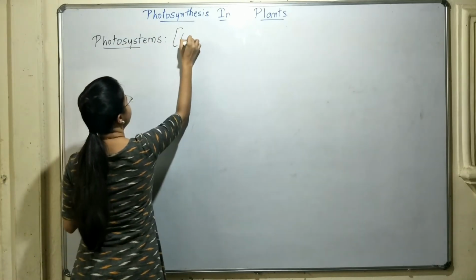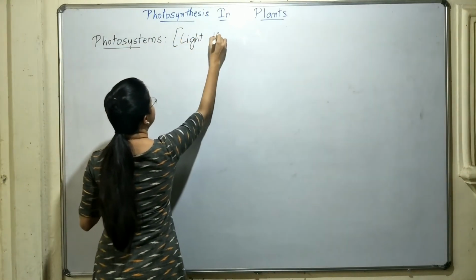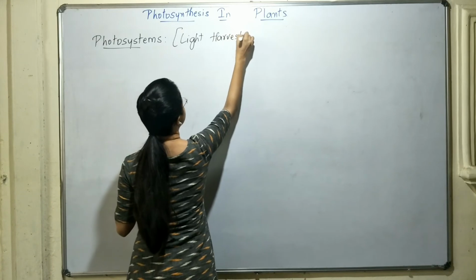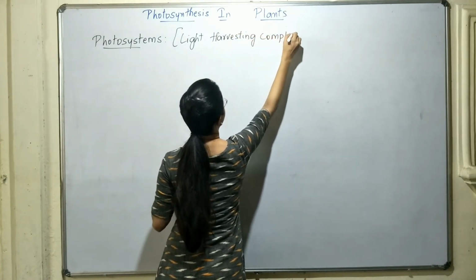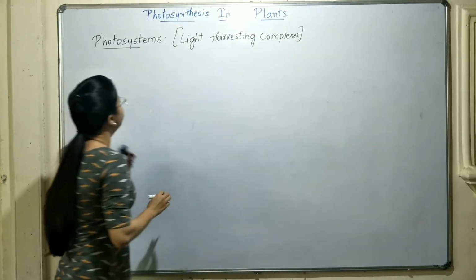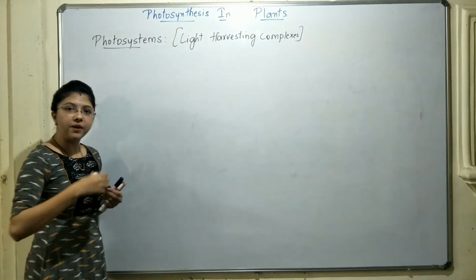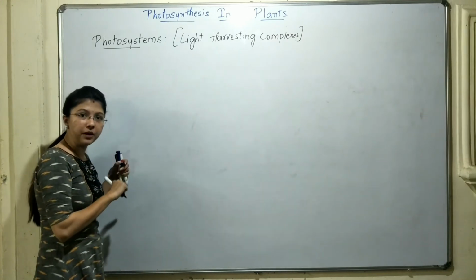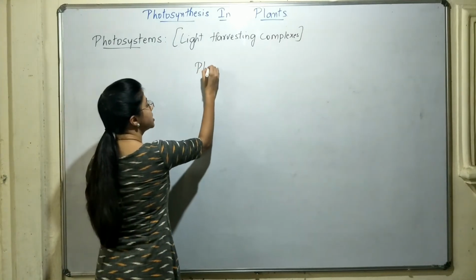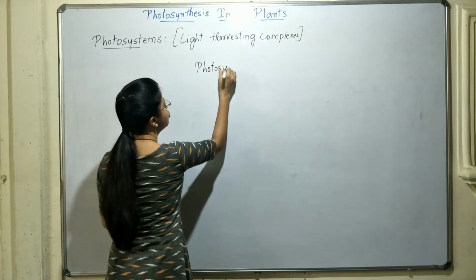Photosystems can also be called the light harvesting complexes. Now, depending upon the arrangement of these photopigments, the photosystem or light harvesting complex is going to have two regions.